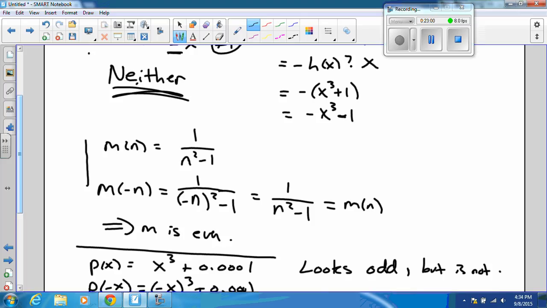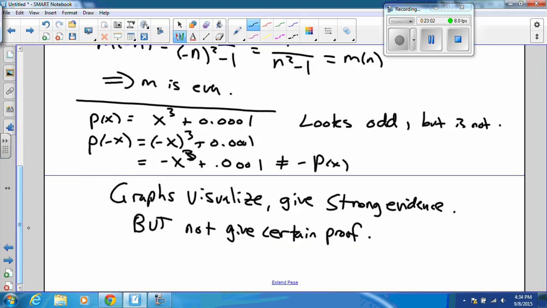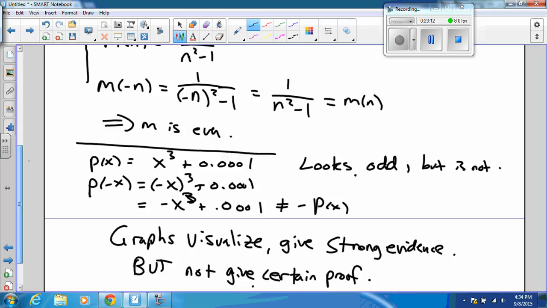Now, a graph would give a strong disproof if it was really obvious that the function was not odd. And that goes back to our idea that an example is not a proof, but a counterexample is a disproof. In the same way, a graph is not a proof, but a graph could be a disproof.